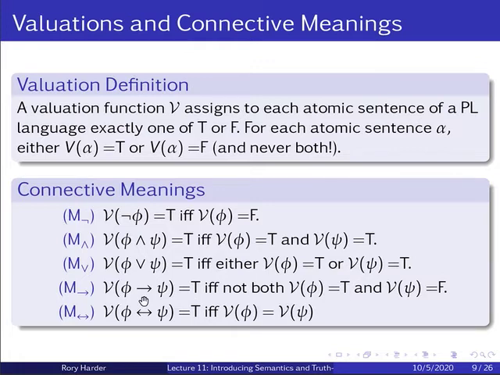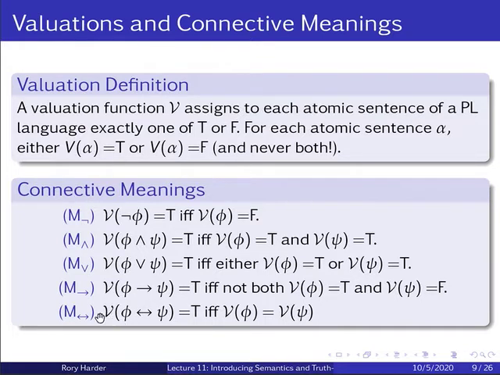For the conditional, we say that the conditional, if phi then psi, is assigned true just in case it is not the case that phi is assigned true and psi is assigned false. So the conditional is a bit complex, and I'll return to that in a moment.